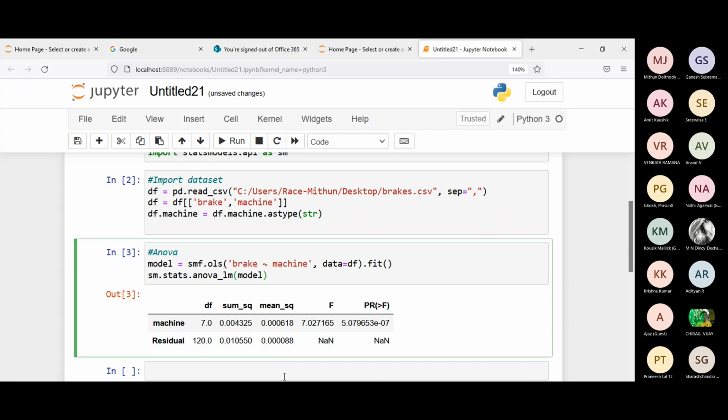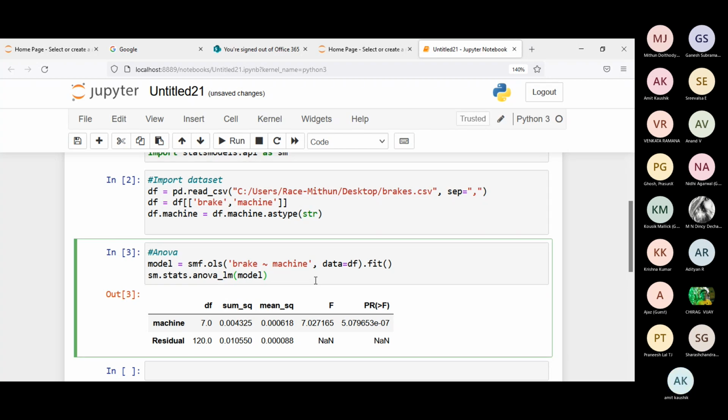See, is it okay? Please. Are we expected to get different results here?